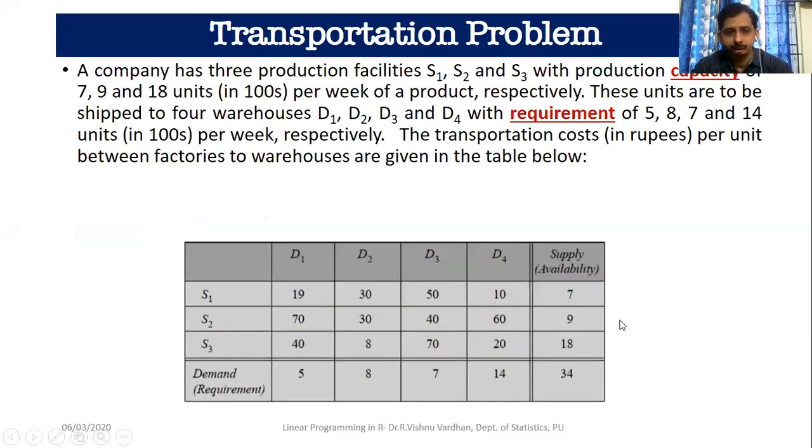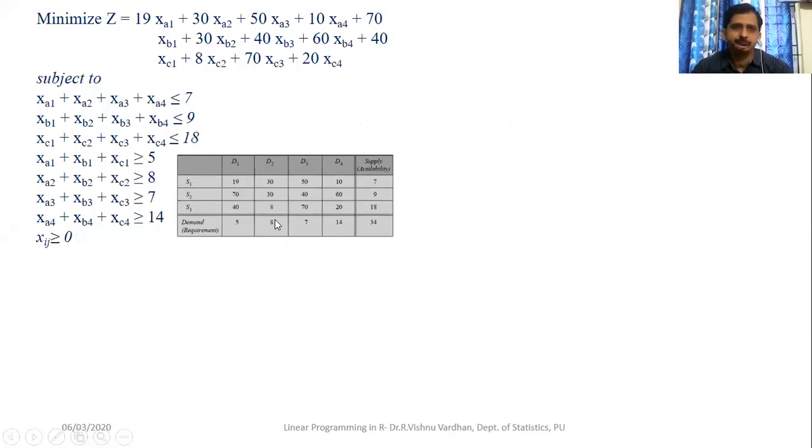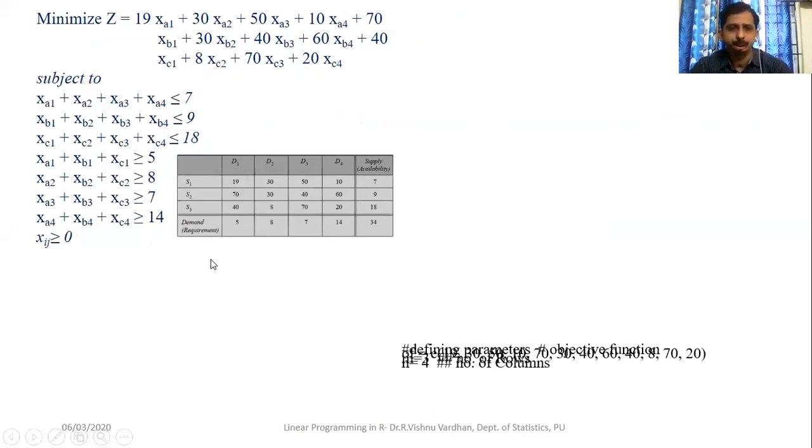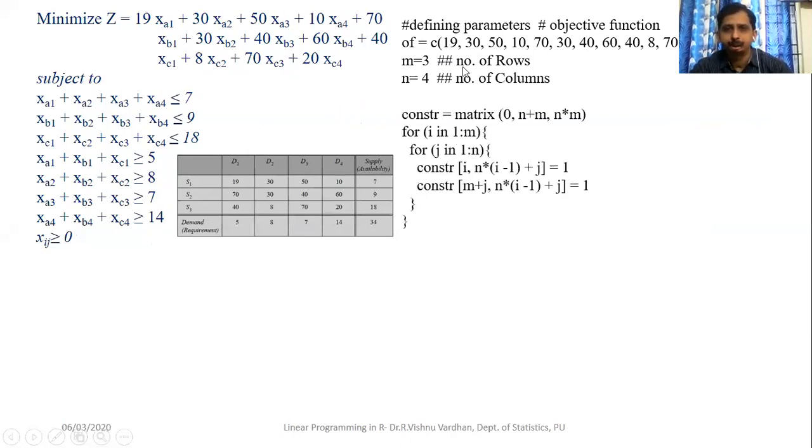Okay, like this, the transportation problem also we can do. This will take time, but very quickly I can go: you have to define all these things in vector form, define some looping structure, define constraints and right-hand sides.